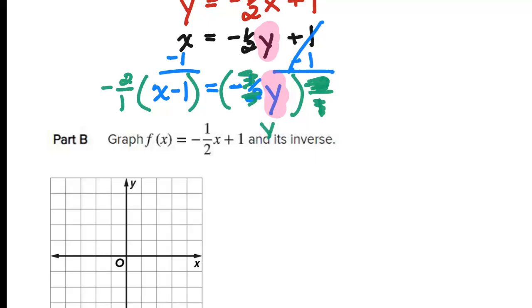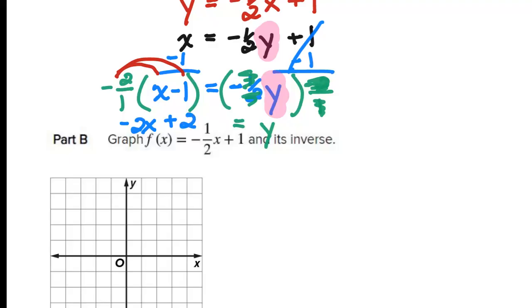I get y equals, this 1 is essentially gone because negative 2 over 1 is negative 2. And I'm distributing. So here I would get negative 2x, and a negative times negative is positive 2.